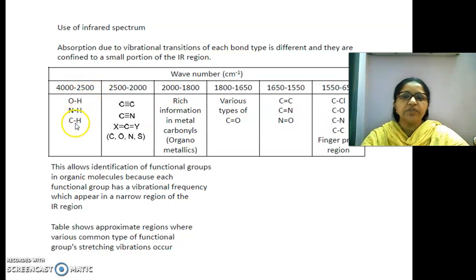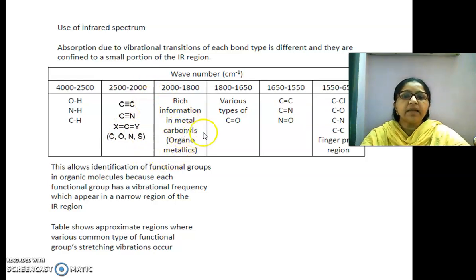N-H, similar position, C-H, similar position. Now, for example, C triple bond C, C triple bond N, and then C double bond O, C double bond N, something like that. This will lie in this region.